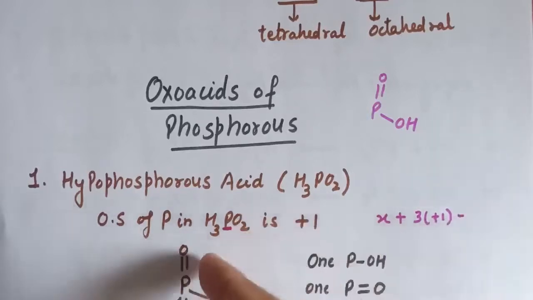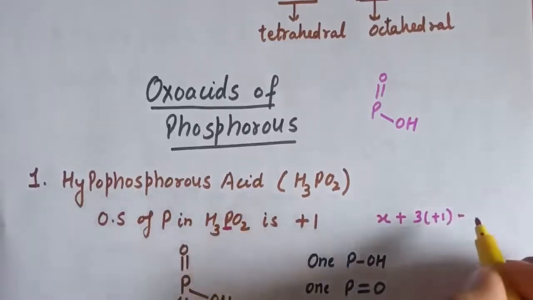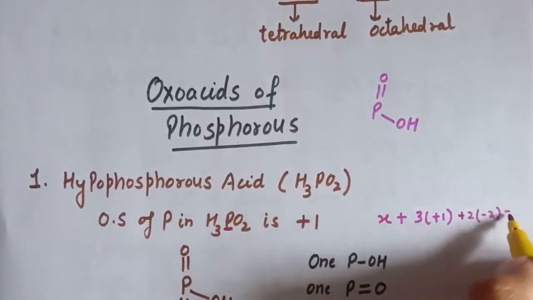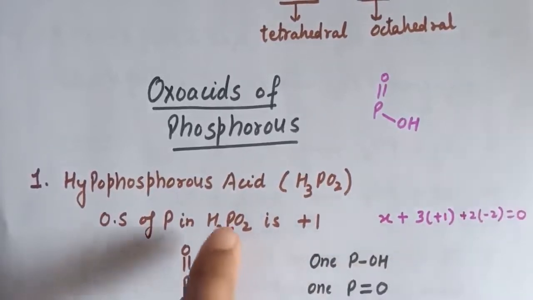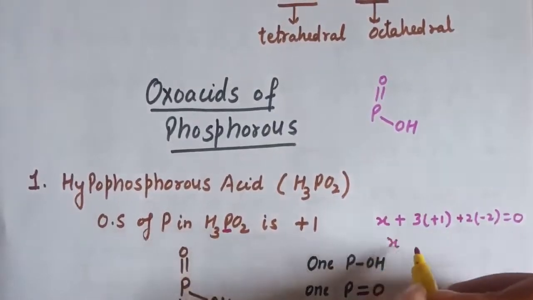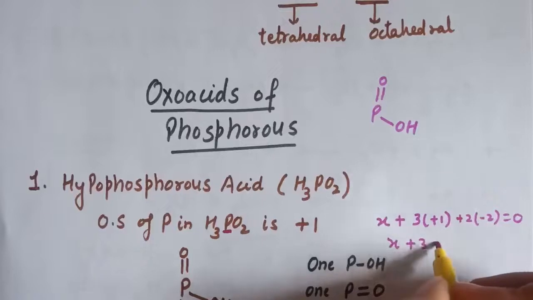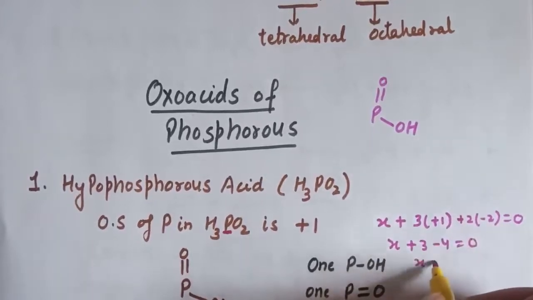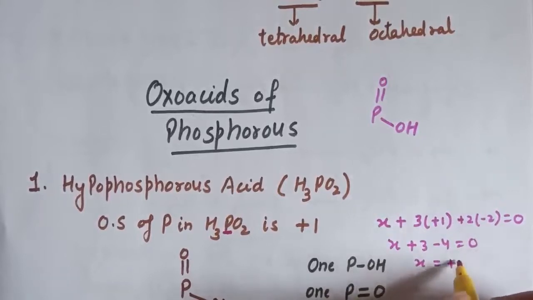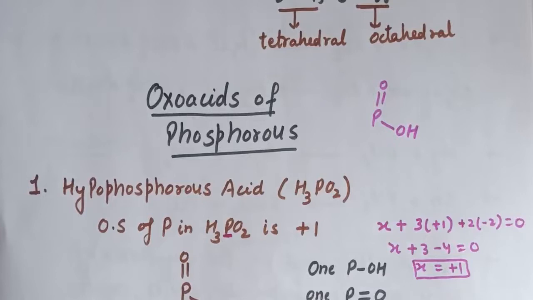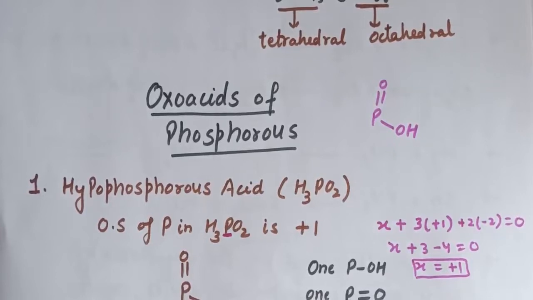Here we have 2 oxygen, so it will be -2 times 2, equals 0 because overall there is no charge on this molecule. So if we calculate, it is X plus 3 minus 4, that will be equal to 0. So from here the value of X will be equal to +1. This is how we can calculate the oxidation number of phosphorus.